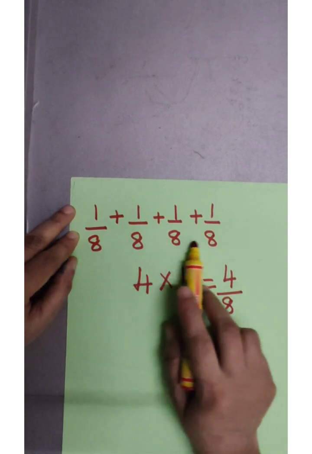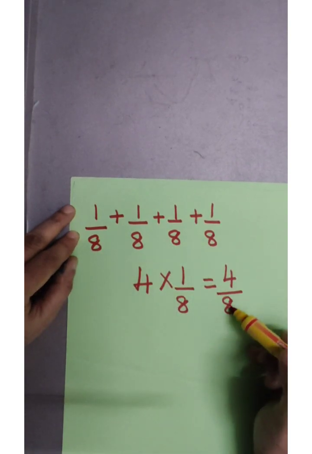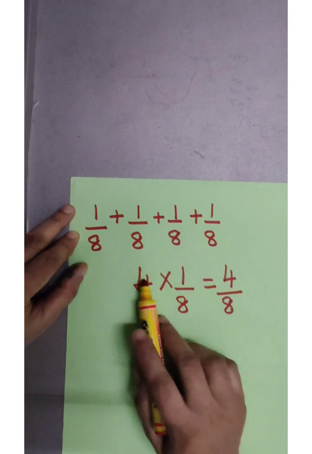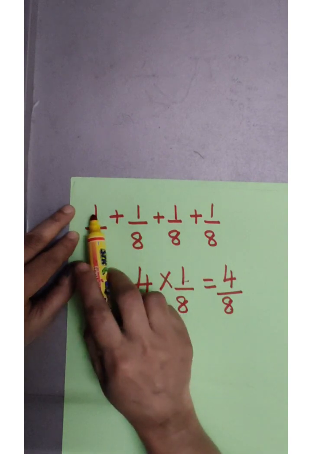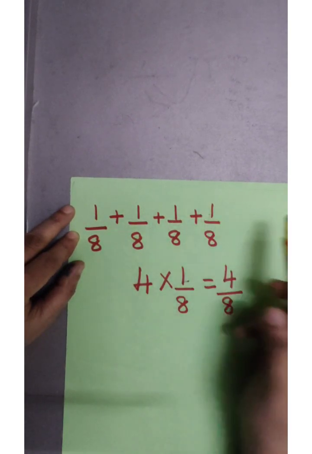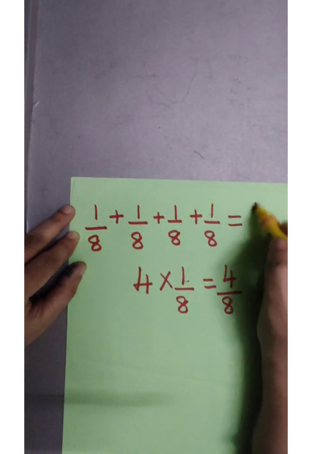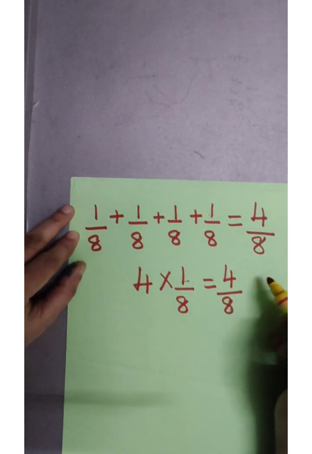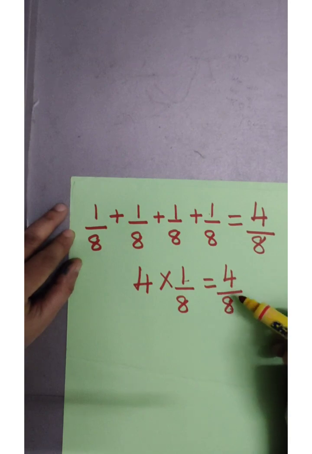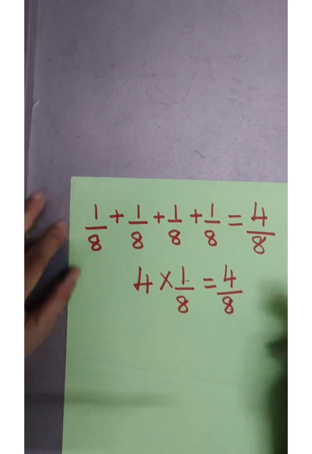You can see 8 is common everywhere. So 8 comes down as the denominator and 4 ones are 4, or you can say 1 plus 1 plus 1 plus 1 gives you 4. So the denominator remains common and your answer is 4 upon 8.